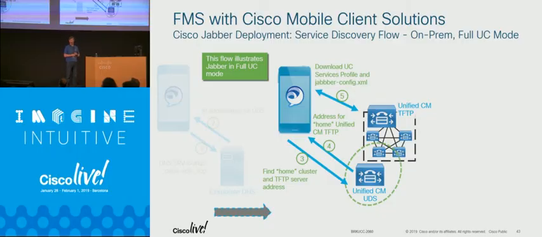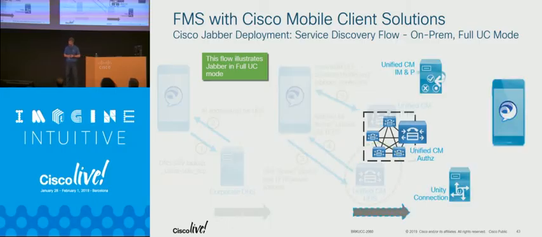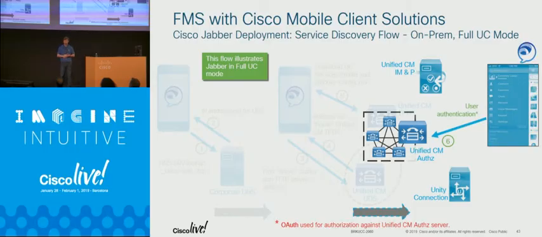All of the information contained in that service profile and Jabber config XML tells the client what services it needs to connect to and what the addresses are for those services. Then the user is requested to authenticate against our authz server running on Communication Manager.